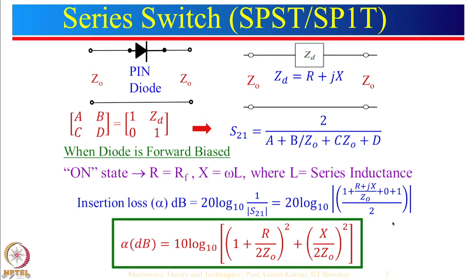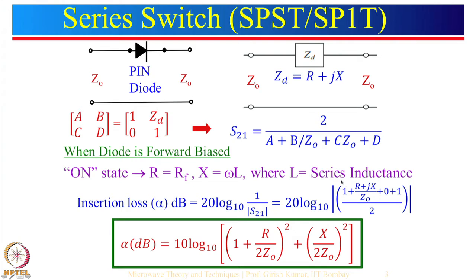Now this can be simplified a little by separating the real and imaginary components. So 1 plus 1 is 2, and 2 divided by 2 gives 1, and then R divided by Z0 divided by 2 gives R divided by 2Z0. That is the real component squared, and the imaginary component will be X divided by 2Z0, squared.